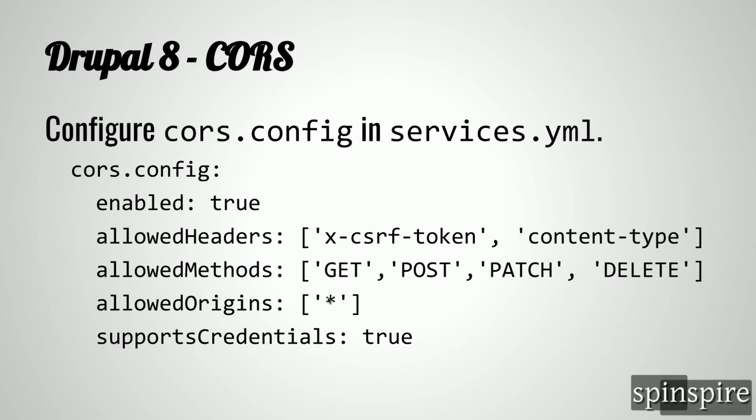Allowed origin, in my slide I'm saying star, but of course you should never have star, unless you're just developing and you don't care, that's fine. But generally in any serious environment, please do not include star as your allowed origins. And supports credentials equal to true means that you are telling Drupal to accept incoming credentials coming as cookies, and you're also telling the browser that it's okay to include the credentials.